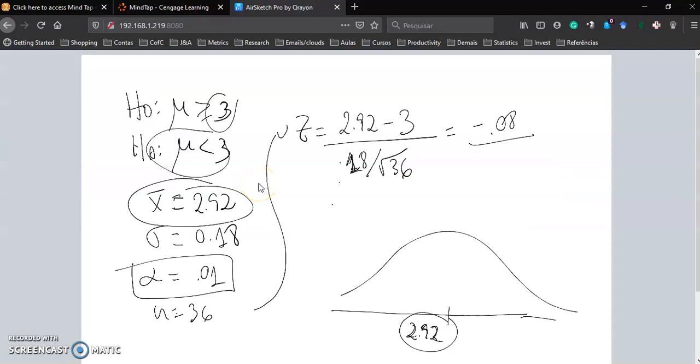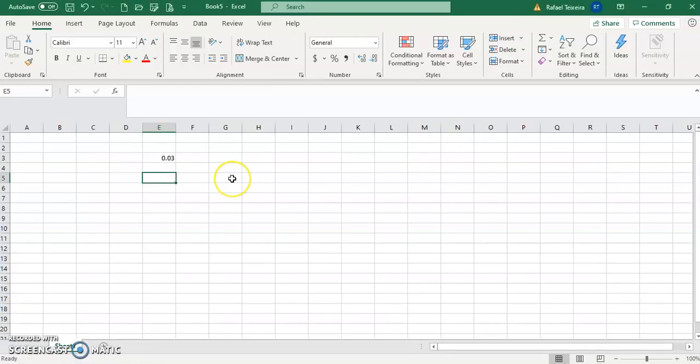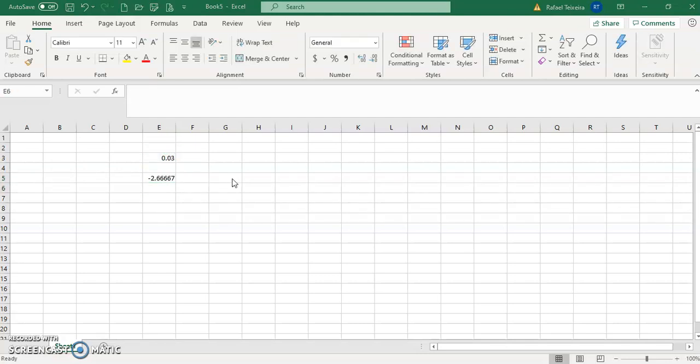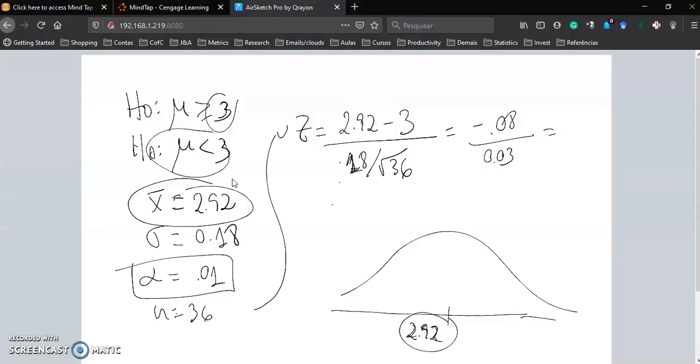Negative 0.08 divided by 0.03. Going back to Excel, if I divide negative 0.08 by 0.03, I have negative 2.67. So that's my z-score, negative 2.67.